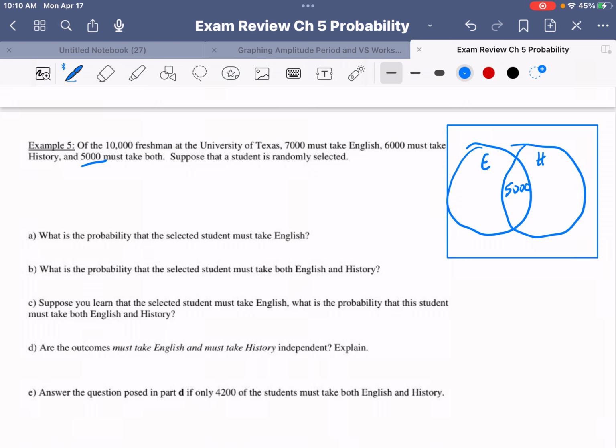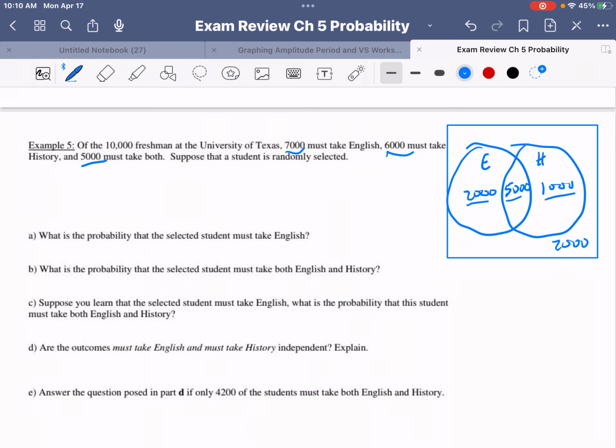So 7,000 must take English, so put a 2,000 here. 6,000 must take history, so put a 1,000 here. Now, it's 10,000 freshmen. These three numbers only add up to 8,000, so there must be a 2,000 out here.